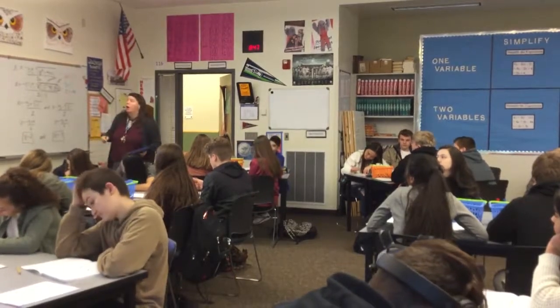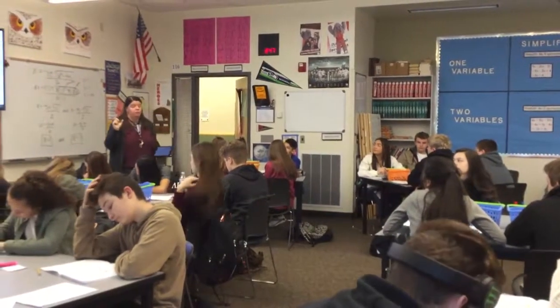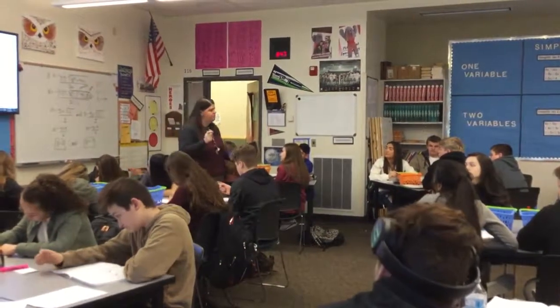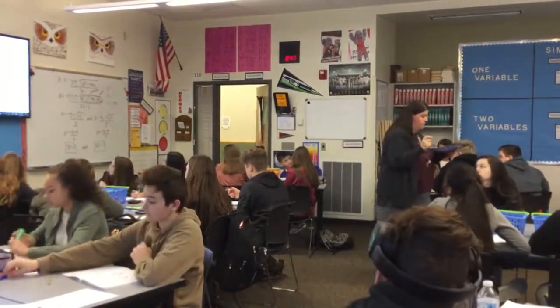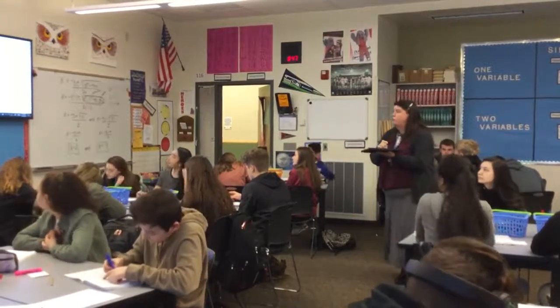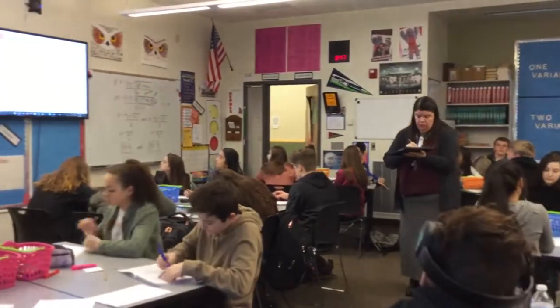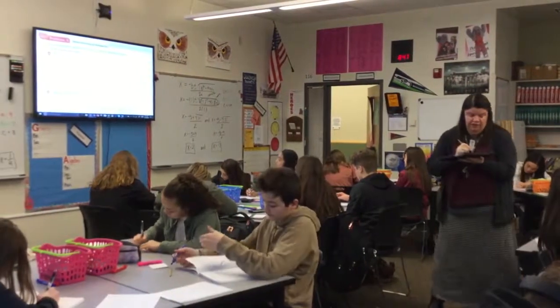Alright, so what I'd like you to do now is replace the name of the segment with the measurement that they're giving you. I'll give you an example. The measurement of JK is 12, and the measurement of TU is 6.